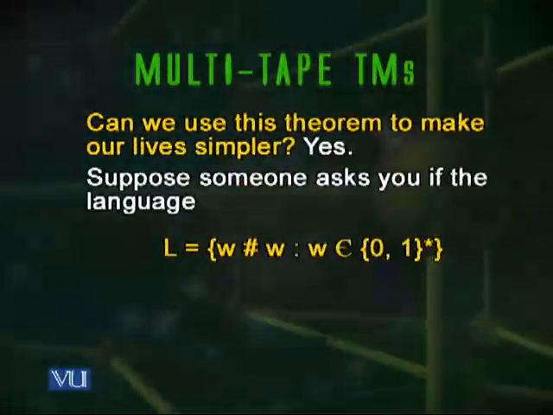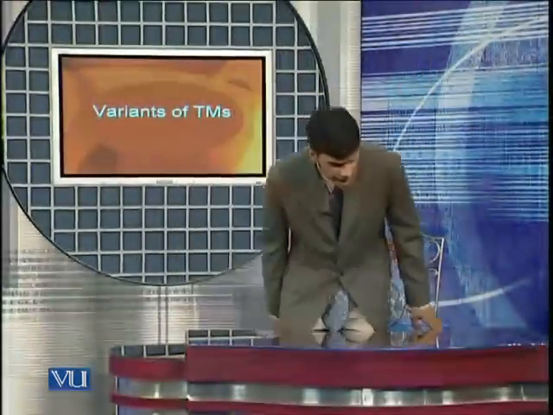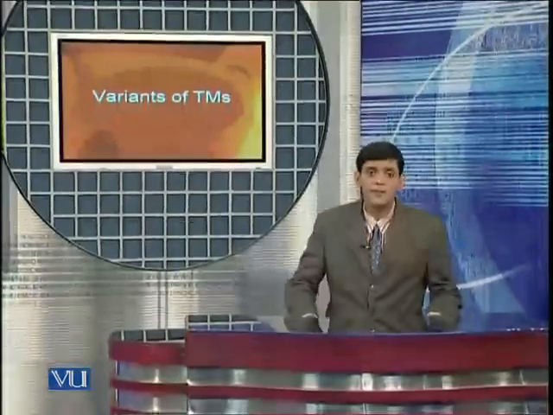Let us look at this language L, which is the set of all W followed by a hash sign followed by W, such that W is a string over 0s and 1s. This language is decidable. Well, you can design a Turing machine which accepts this language.